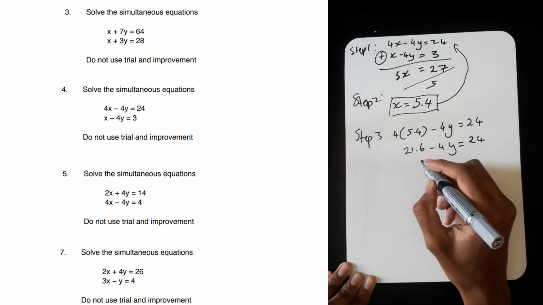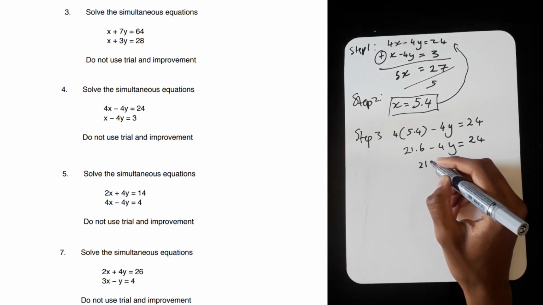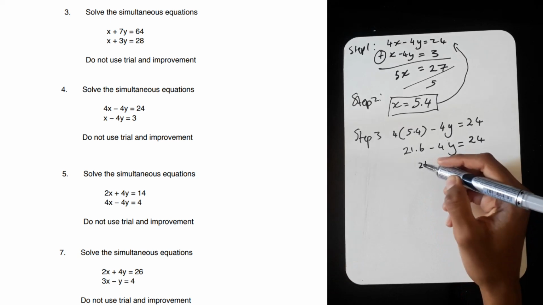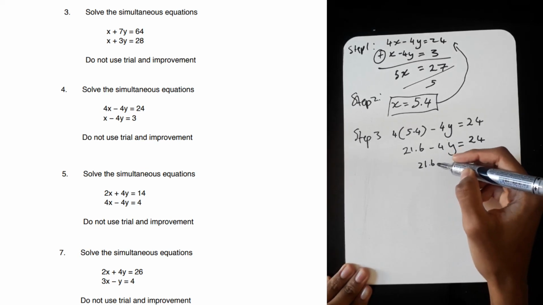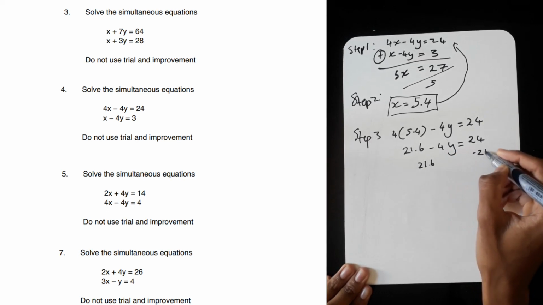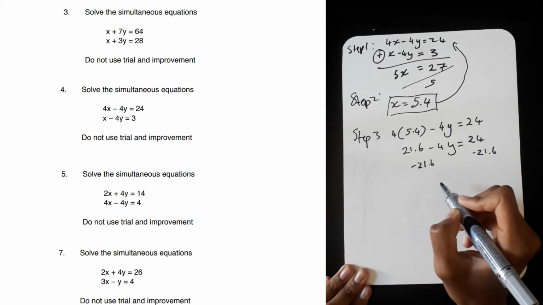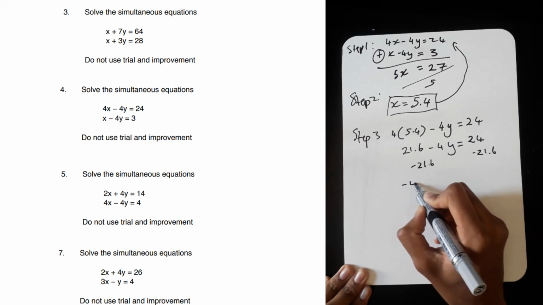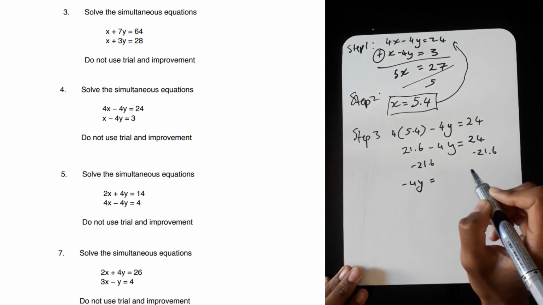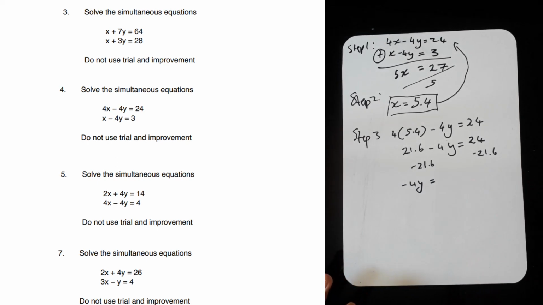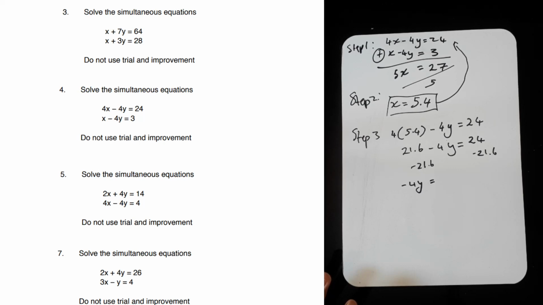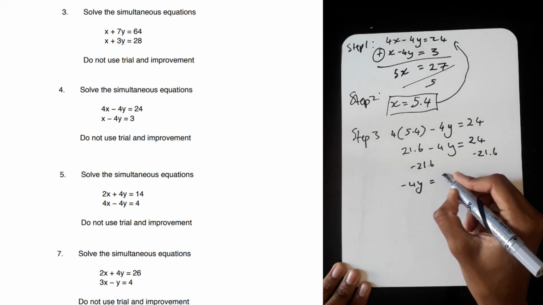So if we subtract 21.6 from both sides, we're going to be left with negative 4y equals 24 minus 21.6, which will give you 2.4.